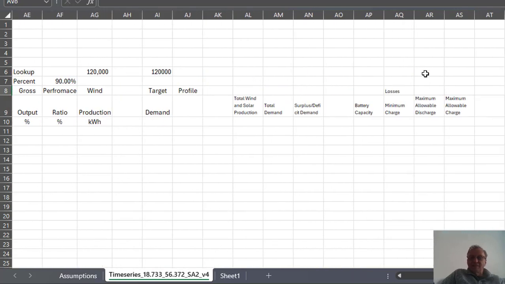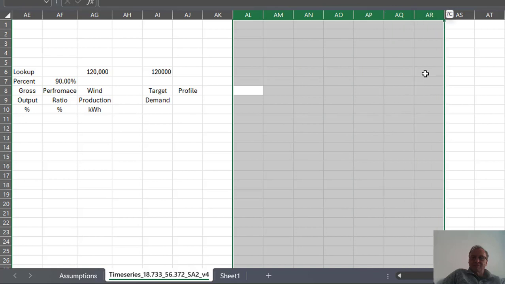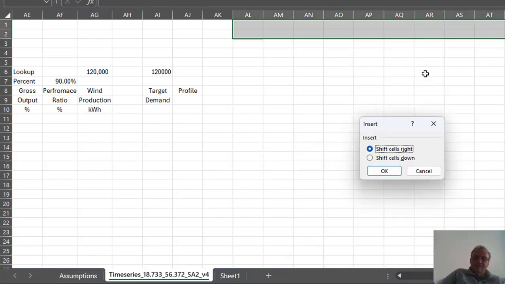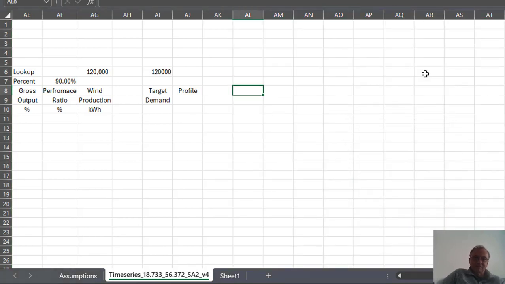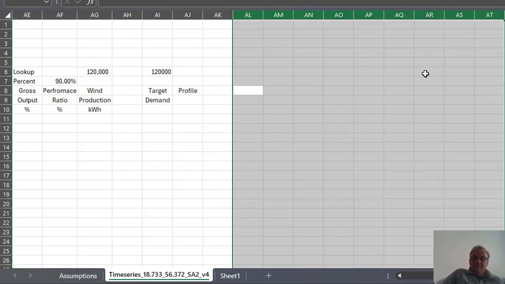Oh no, I ran out of space here. Come on! Why didn't that work? Okay, maybe one more just to get it. Okay, so here we are.